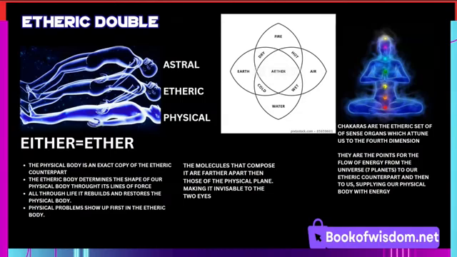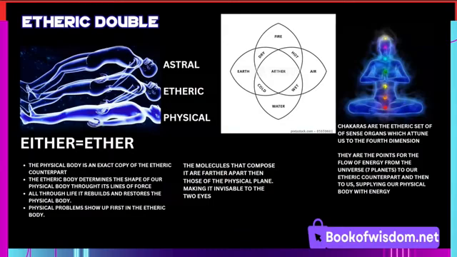The chakras that we have are inside of our etheric body. They are our sense organs which tune us to the fourth dimension. These 7 chakras connect us to the astral world, the fourth dimension. Okay? They are points for the flow of energy from the universe, the 7 planets, because the 7 chakras are your 7 planets, and the 7 planets are connected to the astral world.